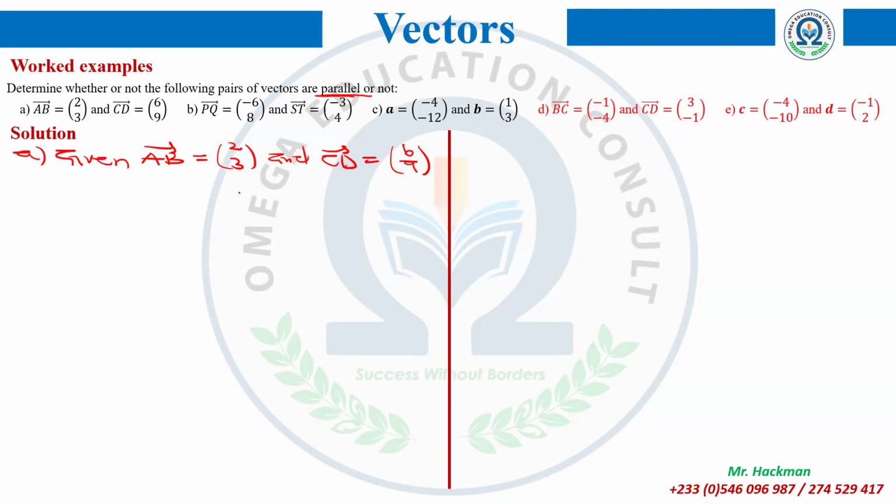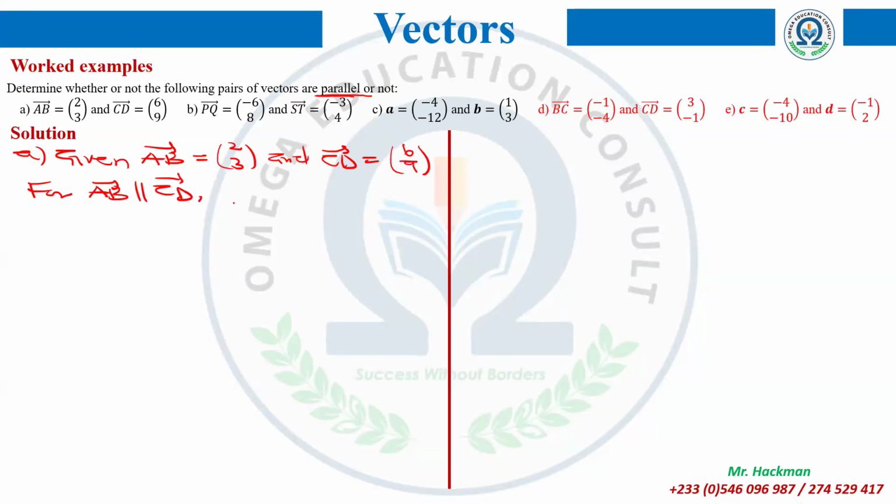All right. So at this point, you are going to state your condition for two vectors to be parallel. I'm looking at vector AB to be parallel to vector CD. So I'm going to state my condition. I will write: for vector AB to be parallel to vector CD, what is the condition? One is supposed to be a scalar multiple of the other.